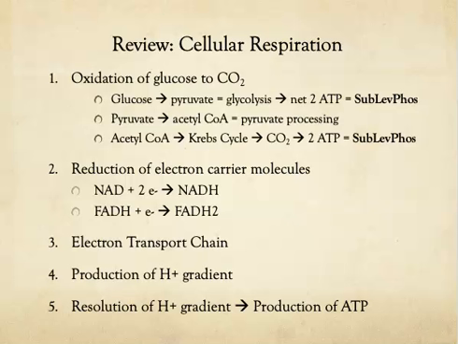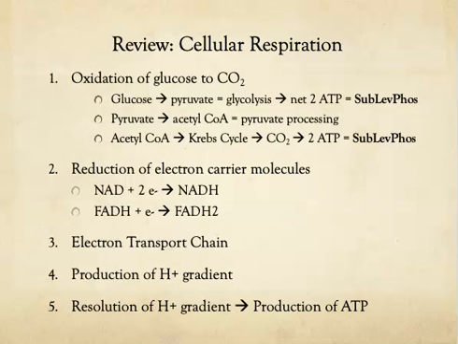By the end of cellular respiration, glucose has been broken down completely to carbon dioxide. The 6-carbon molecule called glucose has been broken into a 1-carbon molecule called carbon dioxide. This is oxidation because the glucose is losing all of those electrons that are in its covalent bonds.